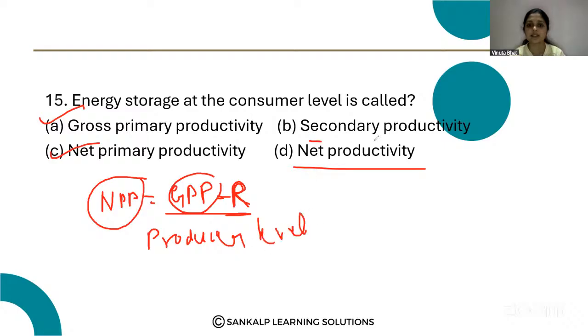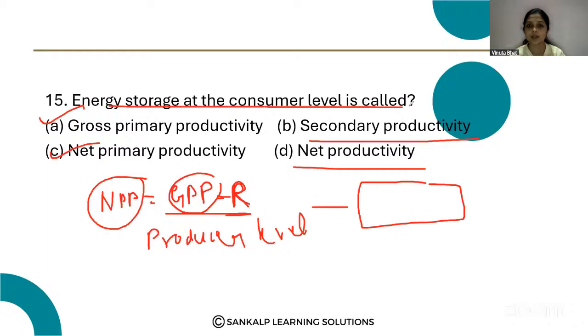So the secondary productivity is the new organic matter produced at the consumer level. The energy storage at the consumer level is called secondary productivity. Option B is the correct answer, that is secondary productivity.